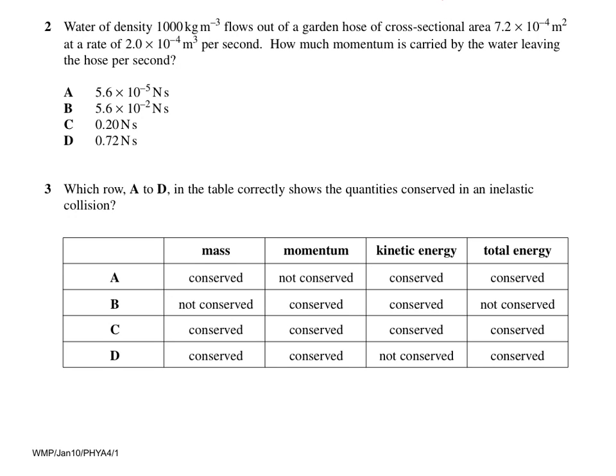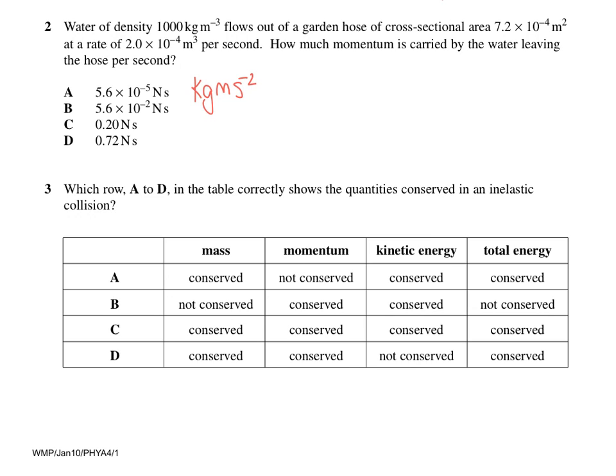Okay, so water of density 1,000 kilograms per meter cubed flows out of a garden hose of area 7.2 times 10 to the minus 4 meters squared at a rate of 2.0 times 10 to the minus 4 meters cubed per second. How much momentum is carried by the water leaving per second? What we're trying to get to is momentum per second, so the unit we want is kilogram meters per second, divided by second, so kilogram meters per second squared.